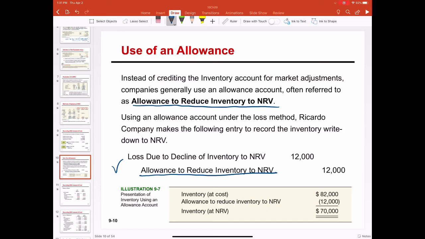So the inventory accounts will be reported this way. The inventory balance at historical cost and the amount we reduced. So that's the balance after the reduction. The advantage of the control account is we keep the original historical cost of inventory and show how much it was written down and the net book value.